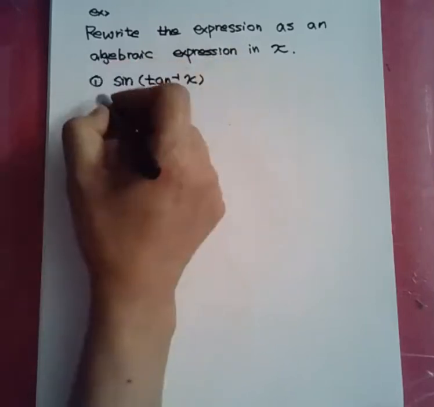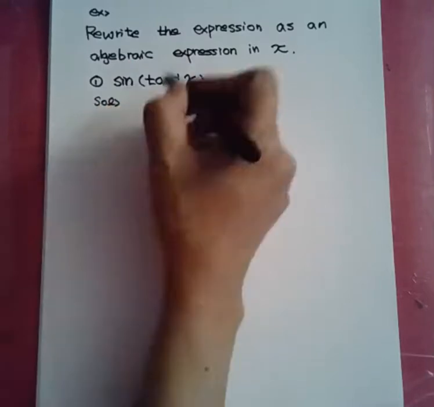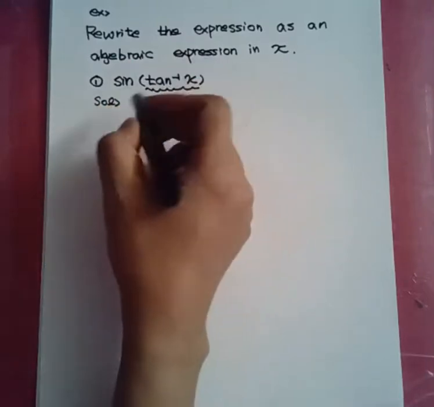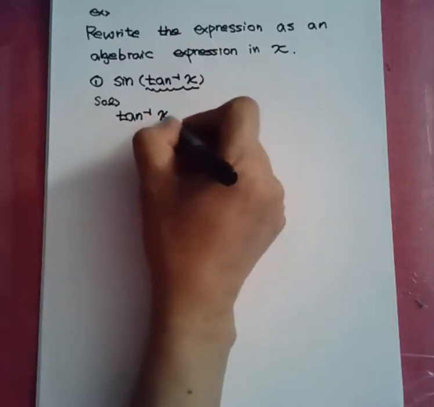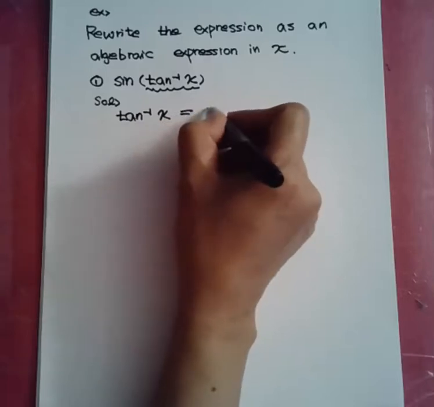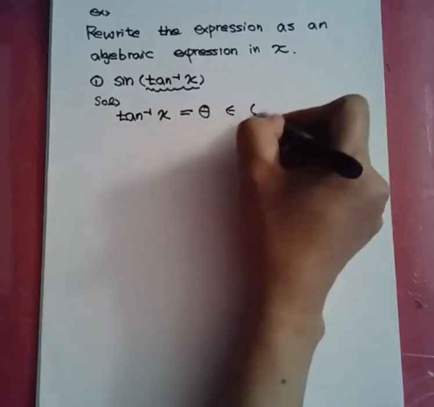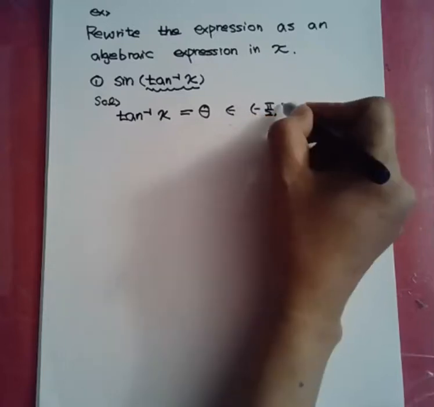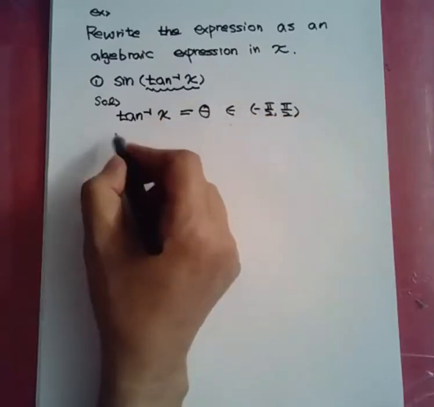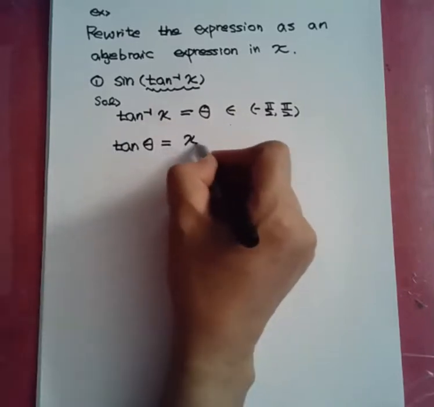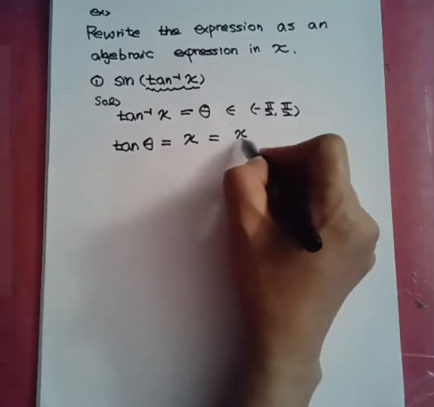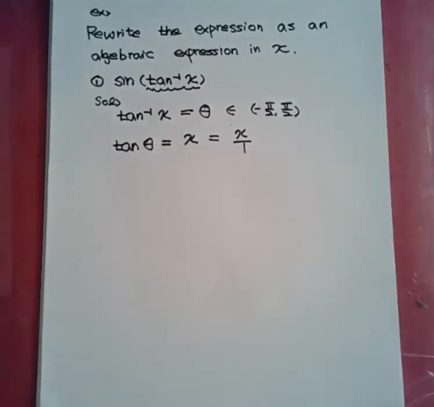Sine of tangent inverse of x. We think about tangent inverse of x first. Tangent inverse of x equals theta, between minus pi over 2 and pi over 2. So we can say that tangent of theta equals x. We can rewrite that as x over 1. We don't know whether x is positive or negative, but it'll carry all the way to the final answer.